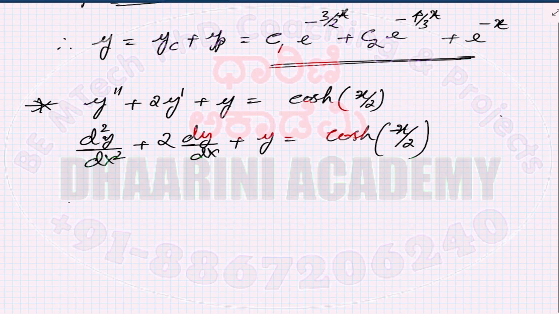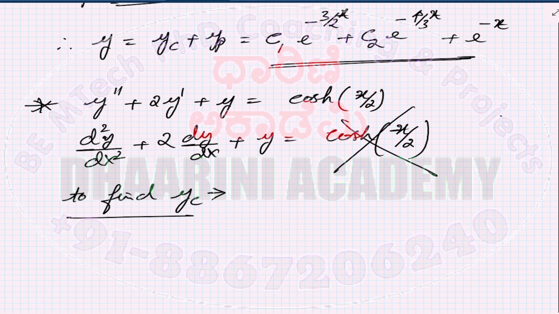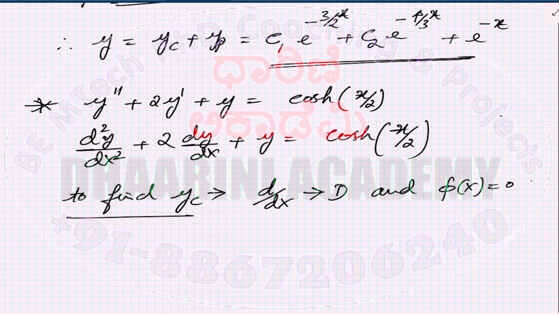So this means what? I know the standard procedure. First, let me find the yc. Anyway, to find yc, I don't want the RHS. I can actually make this 0. So irrespective of what is present on the right hand side, I have to make sure that I make that equal to 0. So what's my procedure? Replace d by dx by capital D, and make the phi of x which is present on the right side equate to 0.